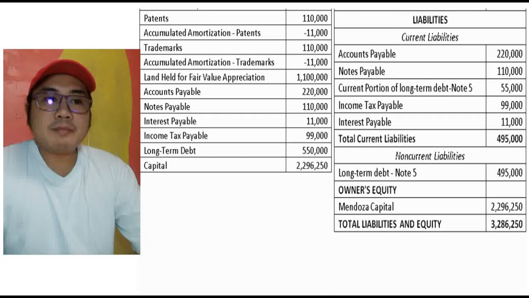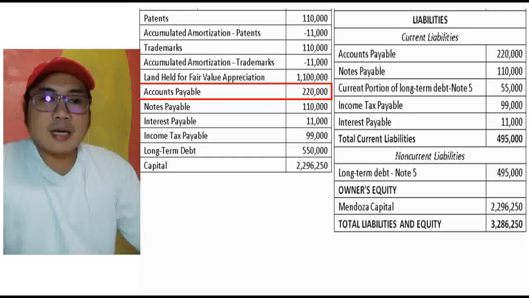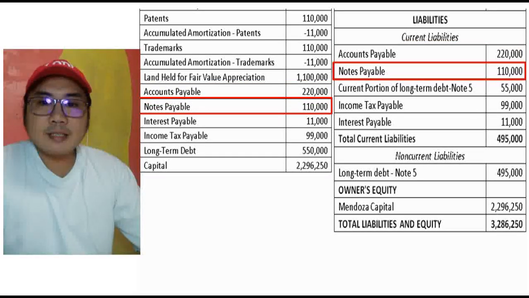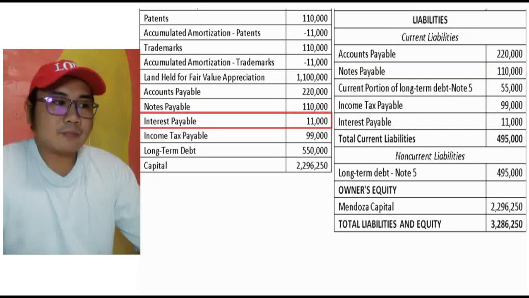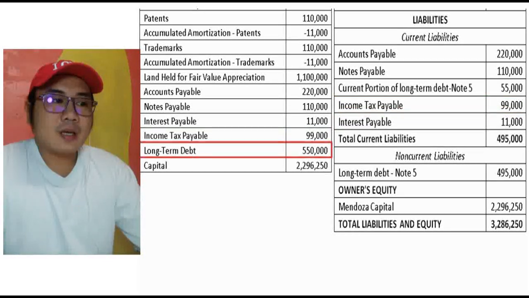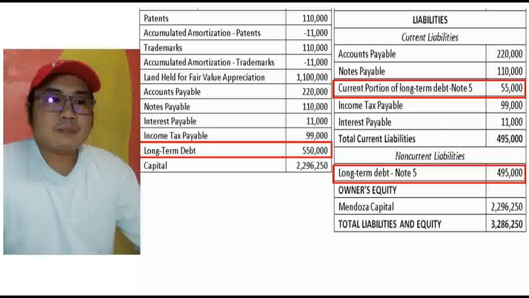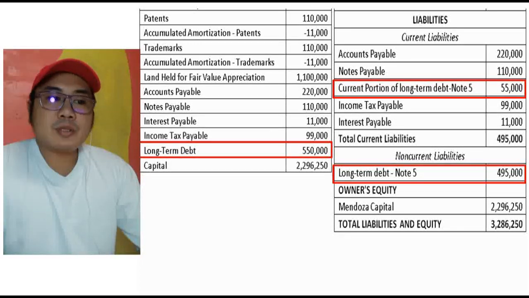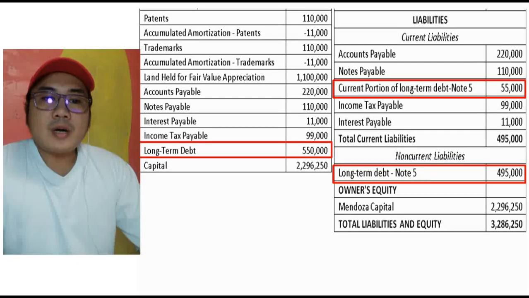Next part is the liability part, current and non-current liabilities. Accounts payable, 220,000. Notes payable, 110,000. Interest payable, 11,000. Income tax payable, 99,000. And for the long-term debt, the current portion is recorded under current liability, 55,000, and the non-current portion is recorded under non-current liability, 495,000.